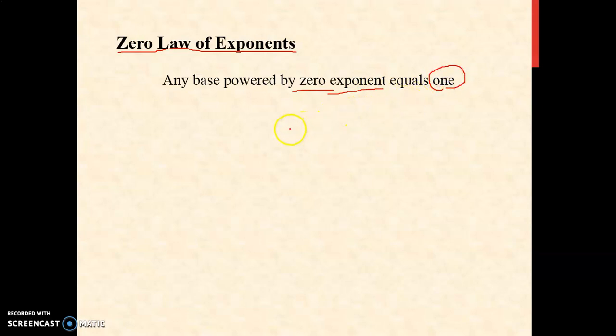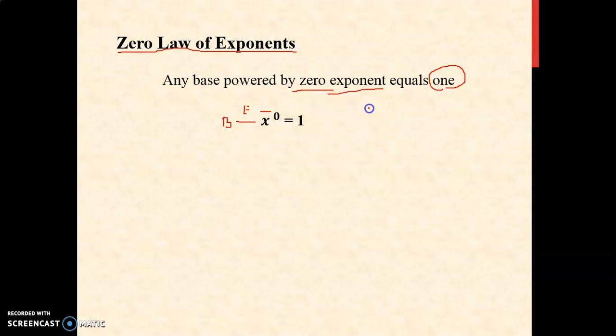So we have here x raised to 0 equals 1. Our base here is x, and our exponent here is 0. Based on the law, a 0 exponent equals 1. So the exponent here is 0, therefore the value is equal to 1.